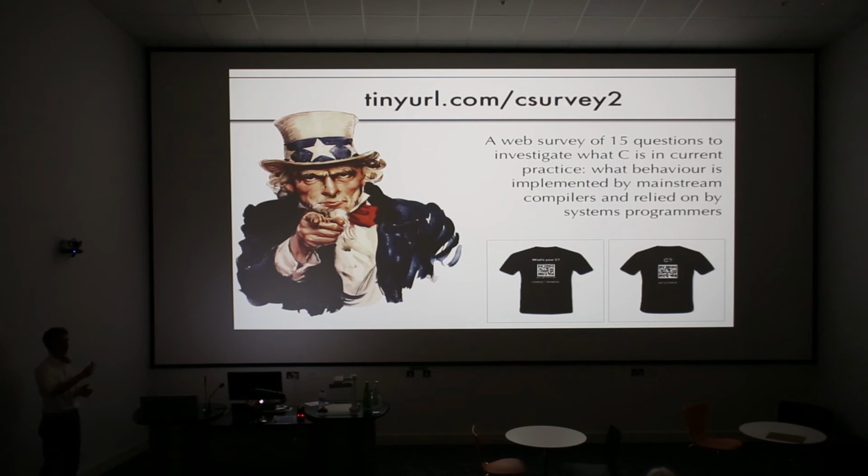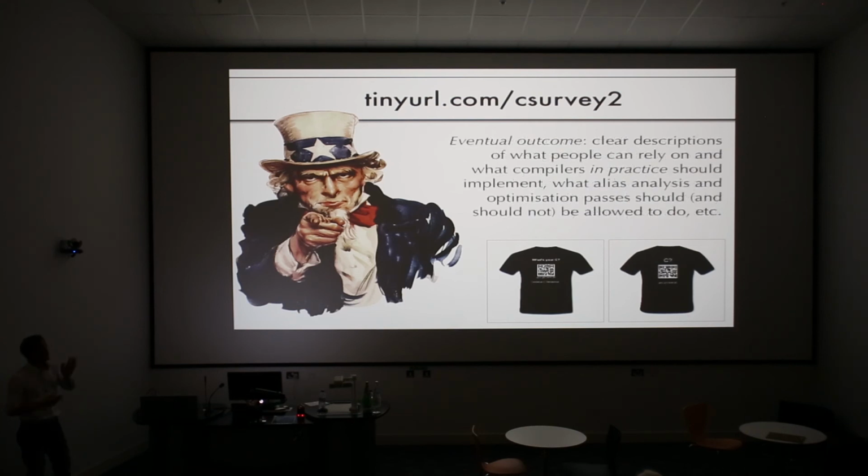Peter Sewell and Kayvan, who are over there, you can identify from the t-shirt and from the old scan codes, made a web survey to investigate your opinion about what C actually is, what is implemented by LLVM, Clang, and what is relied upon by systems programmers.